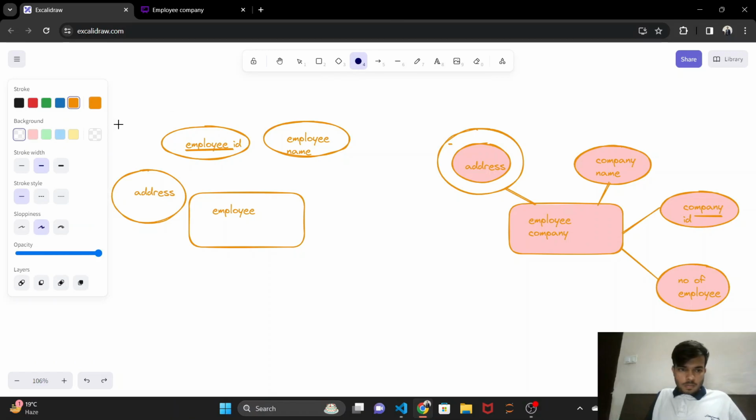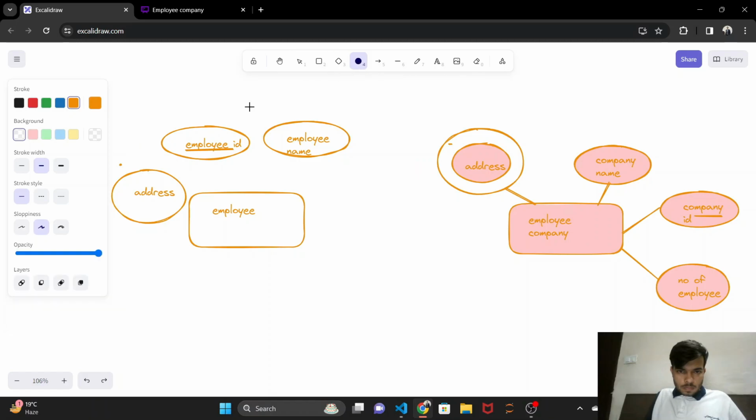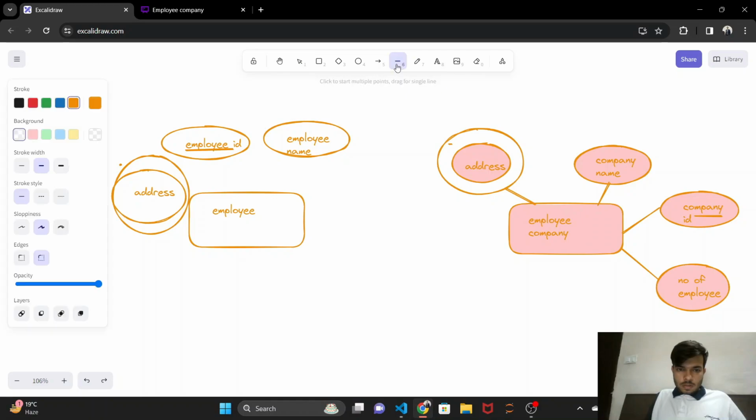So it is multi-valued, so it will be represented by double circle. So we are gonna connect these with entities.